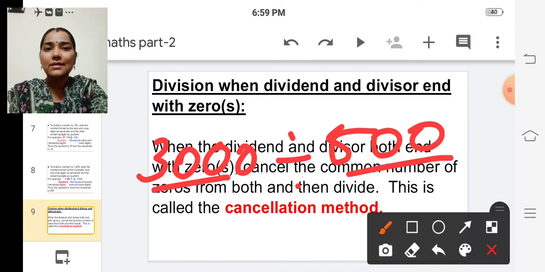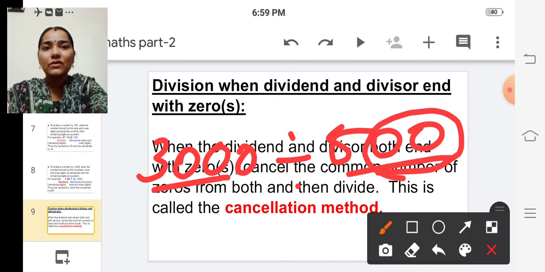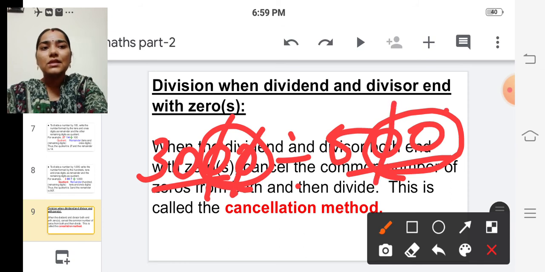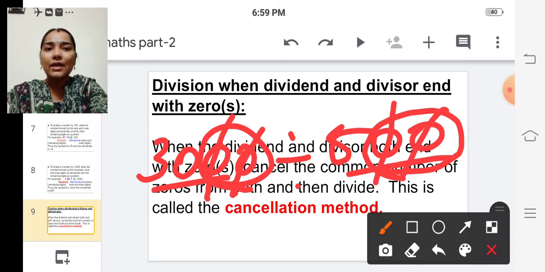So how many zeros are common? Here we have 2 zeros and here we have 3 zeros. So the common number of zeros is 2. So we cancel the common zeros and then we can divide.